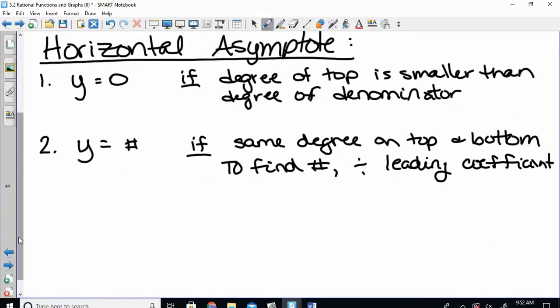So horizontal asymptote happens in one of two cases. If the degree on the top is smaller than the degree on the bottom, or if it's the same degree on top and bottom.